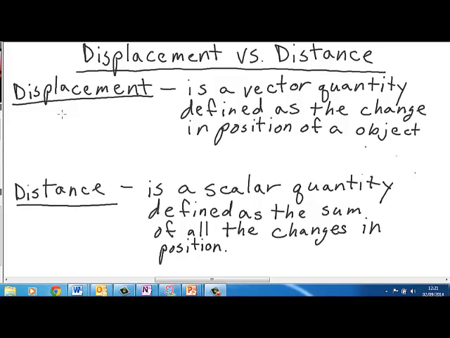Because displacement is a vector, it'll have both magnitude and direction. And because distance is a scalar, it'll have only magnitude.